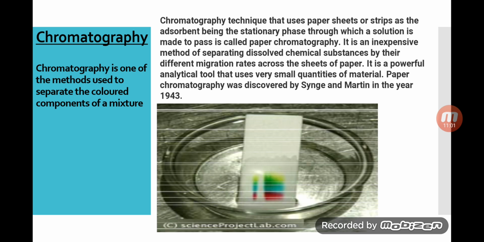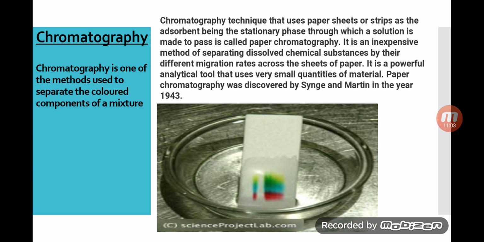Let's see here the experiment. You can see black color ink is dissolved in water, or you can put a mark with the help of a black sketch pen on the chromatography paper, and the chromatography paper is dipped in water. Why water? Because water is known as a universal solvent. It can dissolve almost everything.